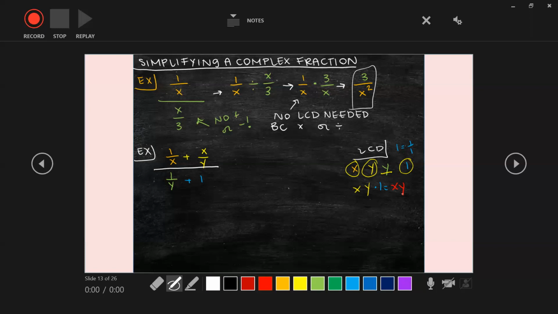So for this guy, we are going to be multiplying our entire numerator by our common denominator of xy. And we're going to be multiplying our entire denominator by our common denominator of xy. This is where it kind of gets a little complicated, but follow me because it's really not too bad.